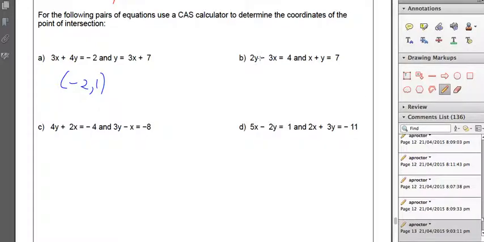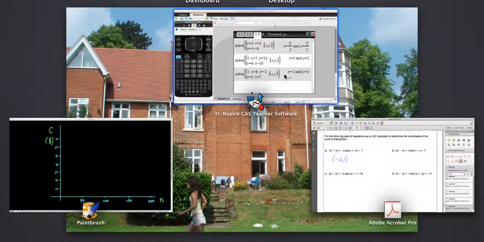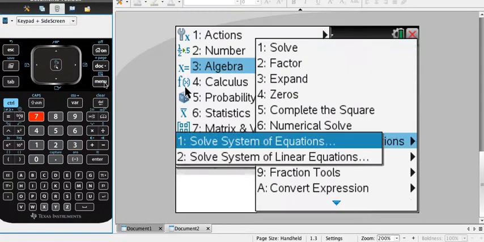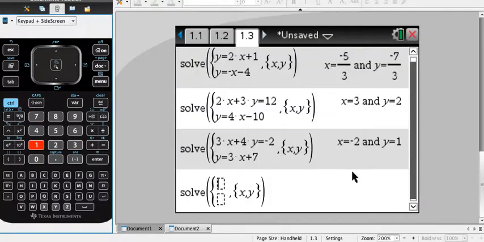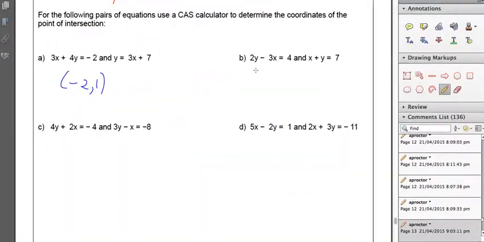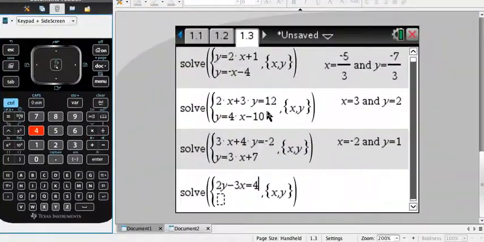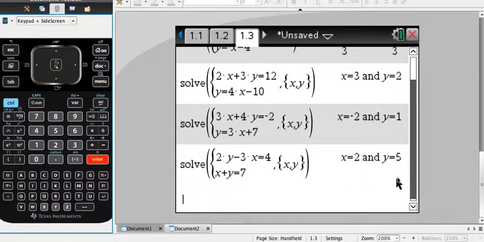Let's go to B. 2y minus 3x equals 4, and x plus y equals 7. So down to here, x plus y equals 7. Press enter. You can see our coordinate is 2, 5.